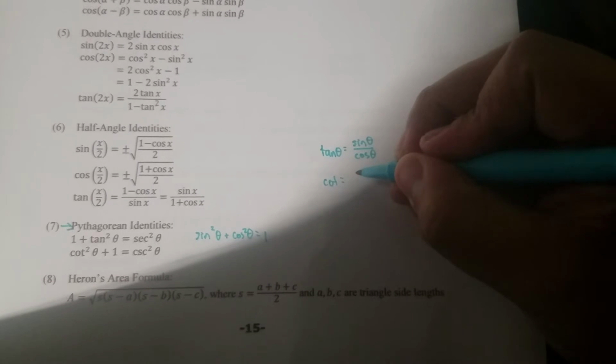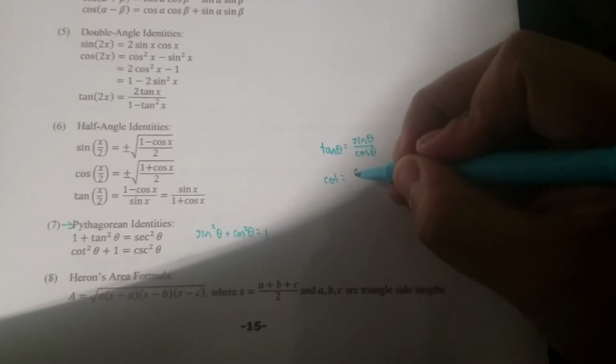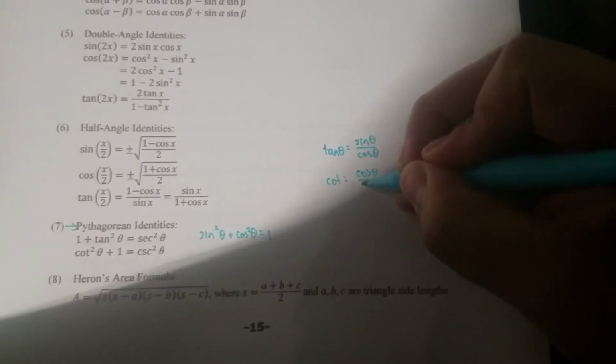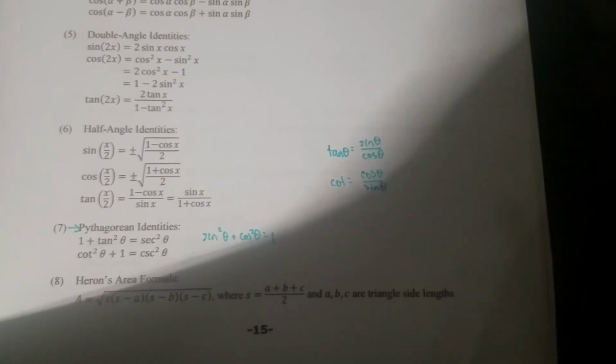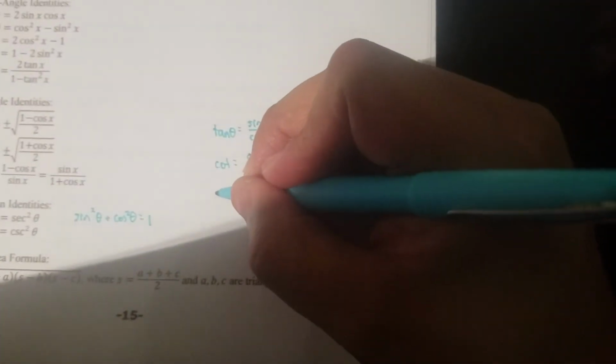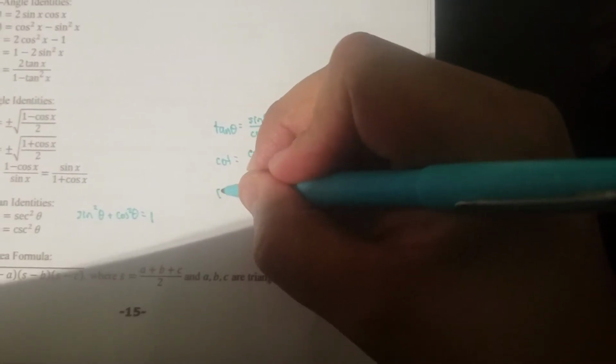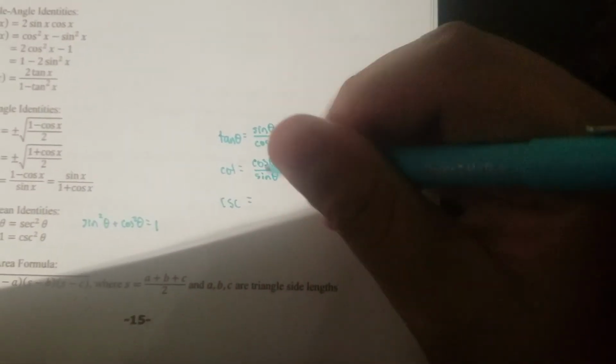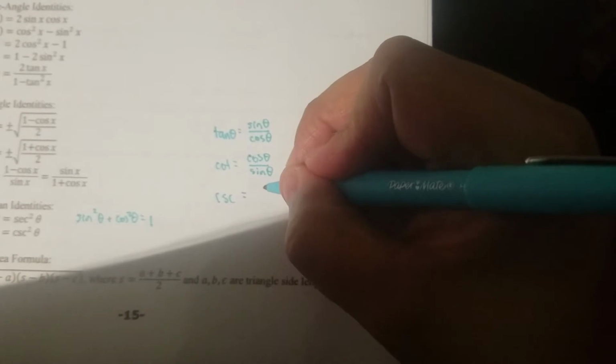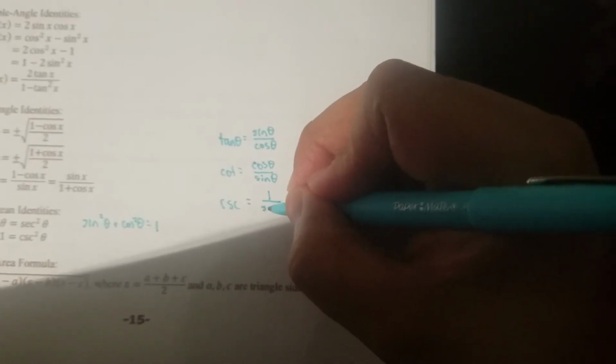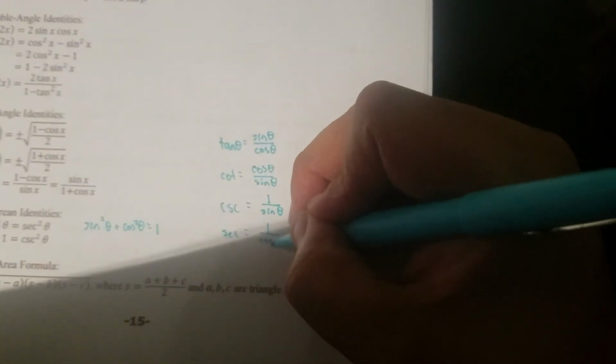Cotangent is equal to cosine over sine. Cosecant is equal to 1 divided by sine, and secant equals 1 over cosine.